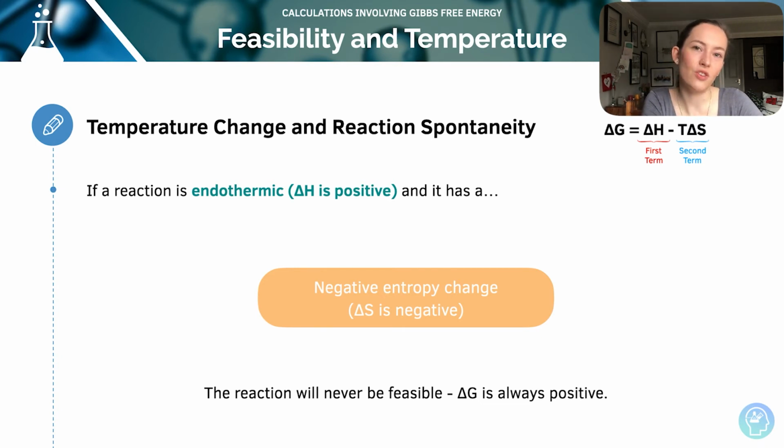Remember that in the Kelvin scale, temperature is always a positive value, so the sign of the second term depends on the sign of the entropy change. And be really careful with double negatives, because minusing a minus value just means adding two values together.